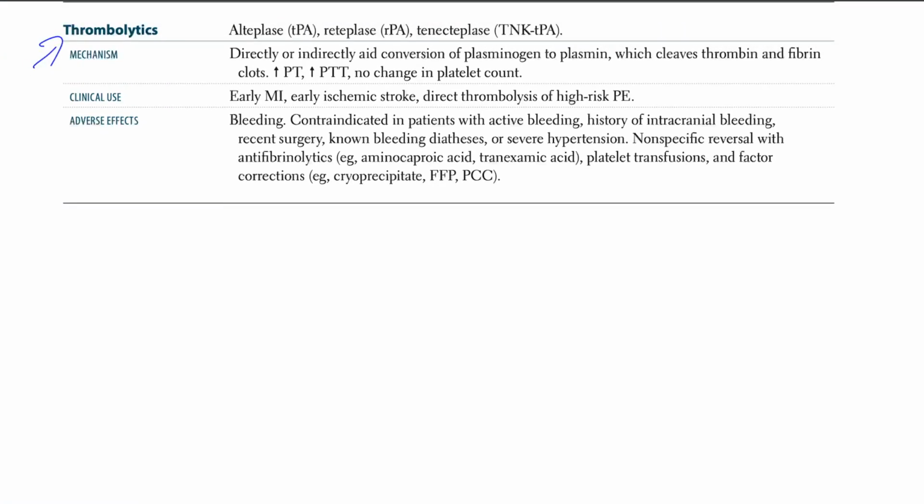We have the thrombolytics. In thrombolytics, we have Alteplase, which is tPA, Reteplase, which is rPA, and Tenecteplase, which is TNK-tPA.